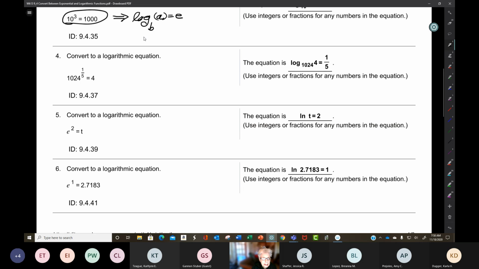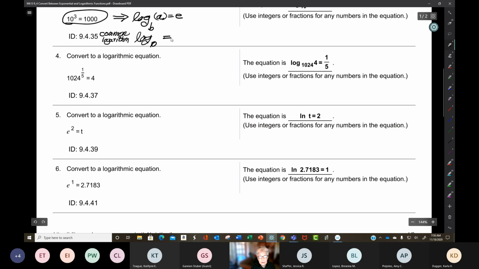The base is 10. Log base 10. You immediately know, or should know, because I'm telling you, anytime you've got log base 10, that's called the common logarithm.